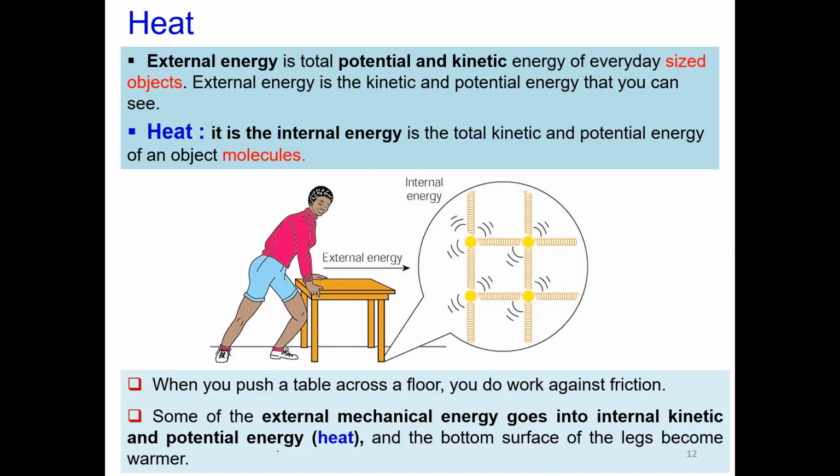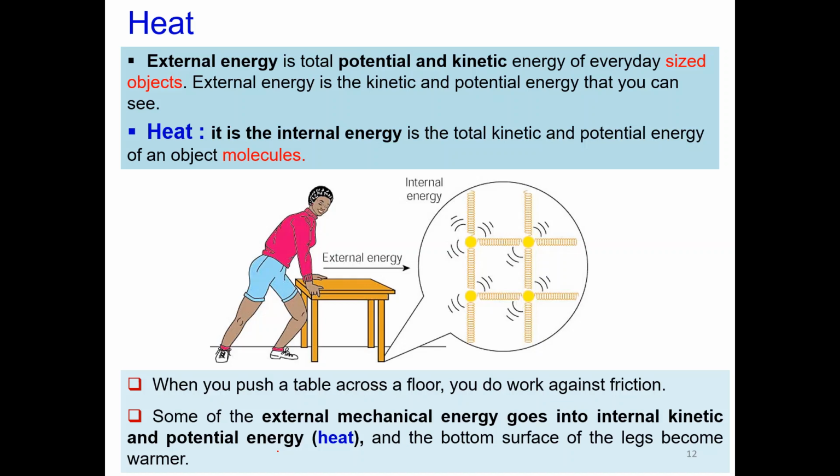That is the energy we can see, as we can see the object is moving, and we can see the object has some height with respect to some reference point. That energy we can see is called the external energy. Also, objects have some internal energy, and the internal energy is the kinetic energy and the potential energy associated with the molecules of the object.